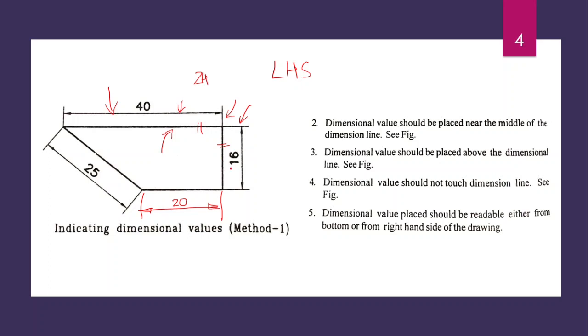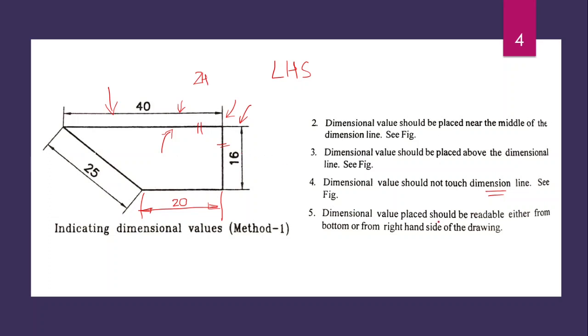These letters are always on the left hand side of the dimension line in the case of vertical dimensioning. And the dimensional value should not touch the dimension line. There must be some clearance between these letters and the dimension line.